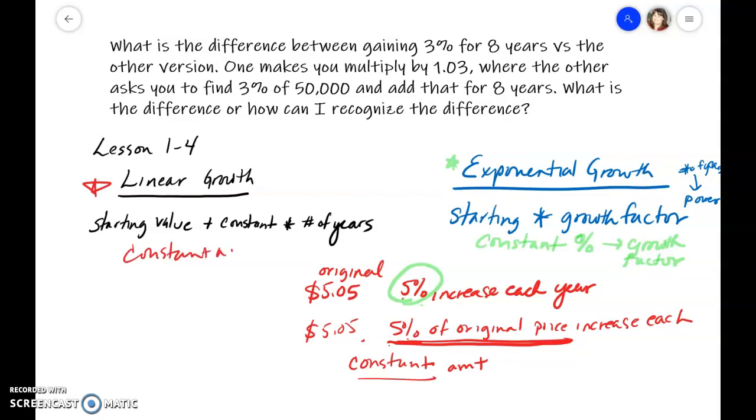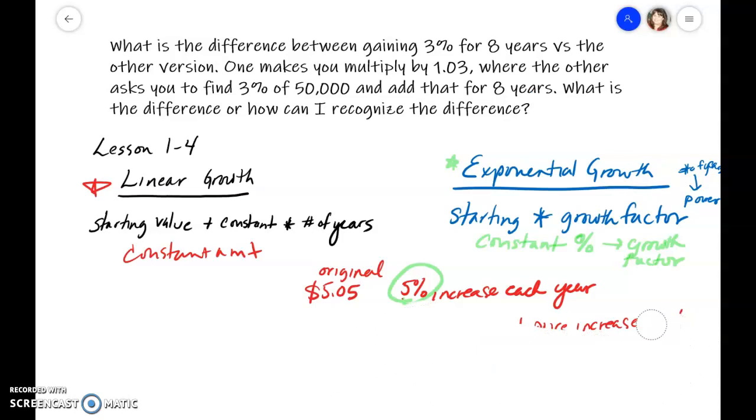So that's how I recognize which one is which, or which one to use. So going back to my problem, let's erase this part. And I'm going to say, okay, $5.05, that's my starting price, times my growth factor.